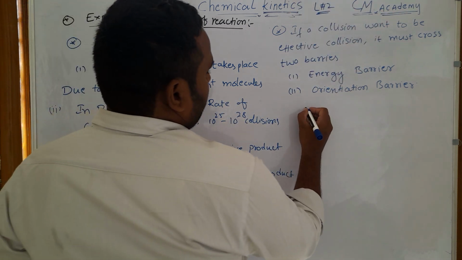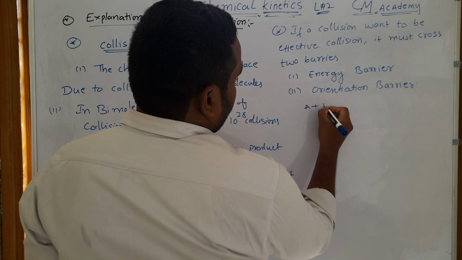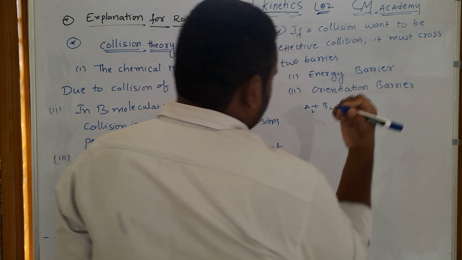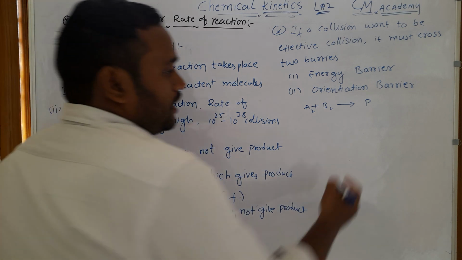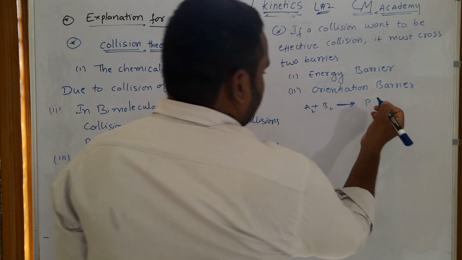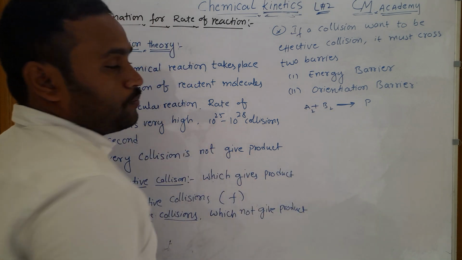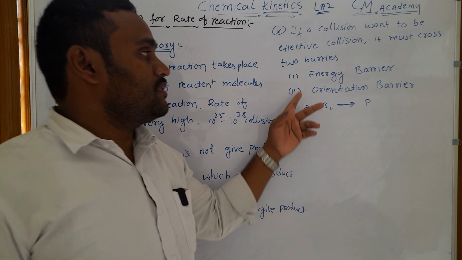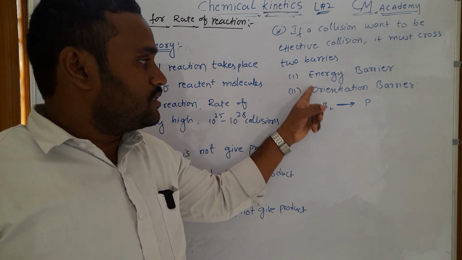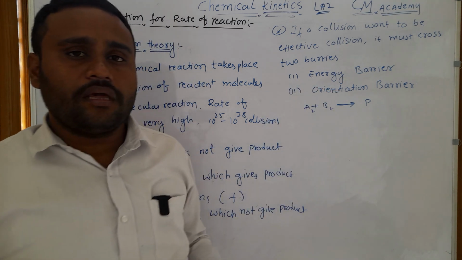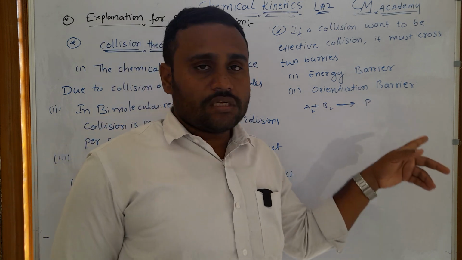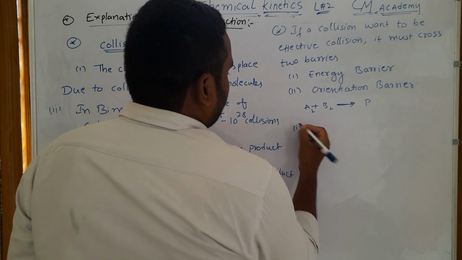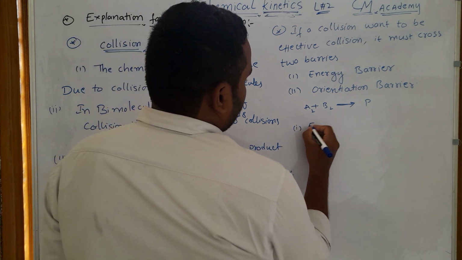For example, A2 and B2 are reacting together and going to give a product. When this reaction gives us product, it means the collision between these two molecules is effective, that is, it crosses these two barriers: the energy barrier and the orientation barrier. So first let us see the energy barrier.